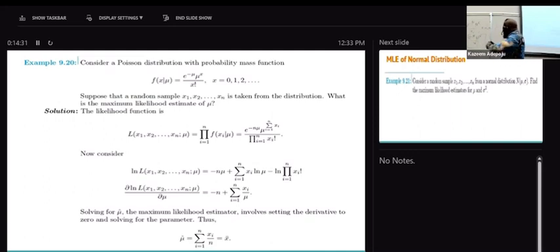When I have mu raised to power x1, mu raised to power x2, until mu raised to power xn, I want to have this guy n times, and I also want to have the exponential n times. So the exponential becomes e raised to power minus n mu, because it's n times. And this one is going to be raised to power summation x. Why? If I take one mu, it's going to be this plus that plus that plus that, which is summation x. Any question? Okay. So this is going to be raised to power summation x. So that is why you have that.